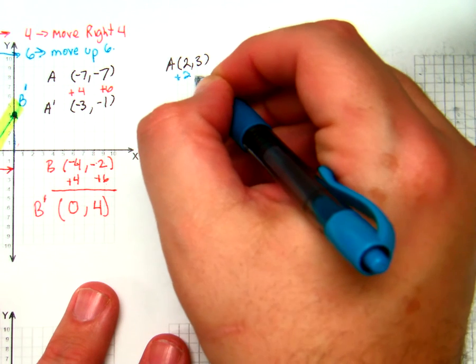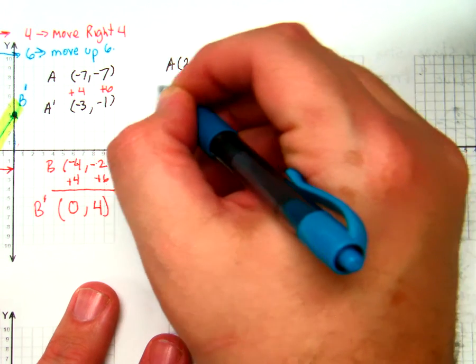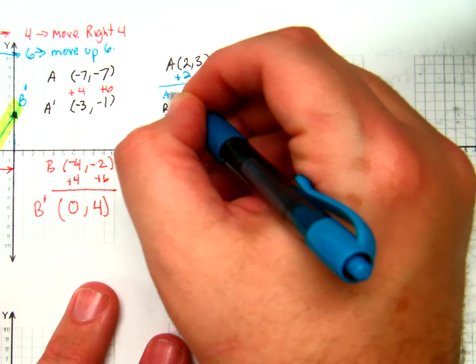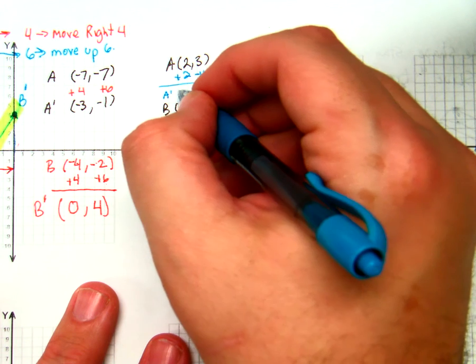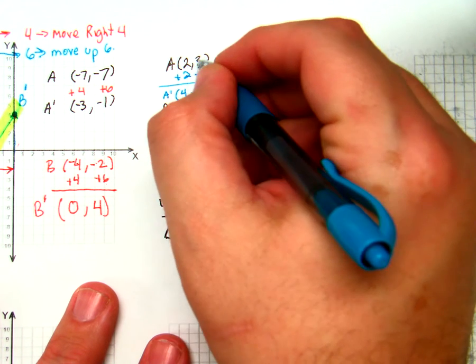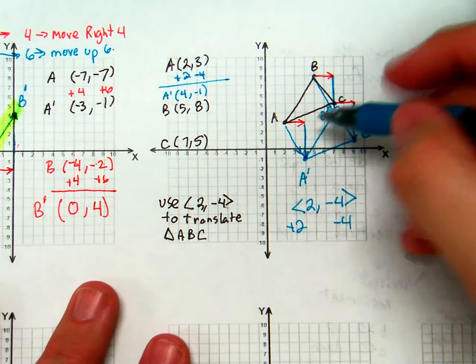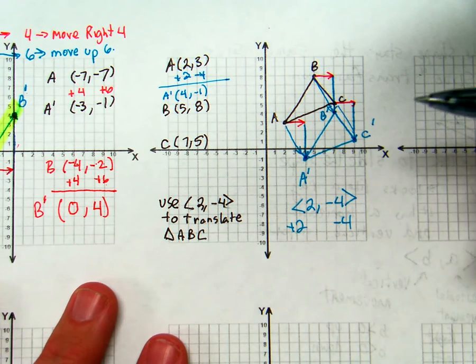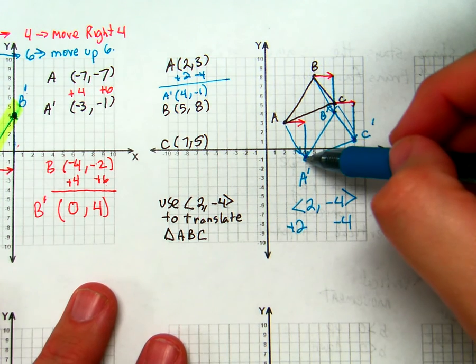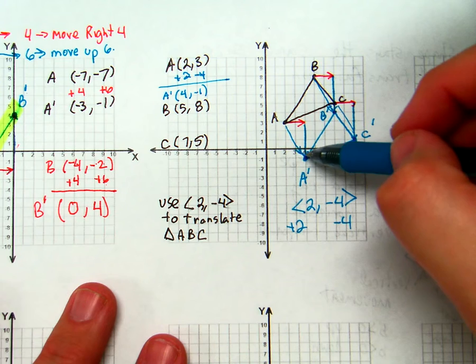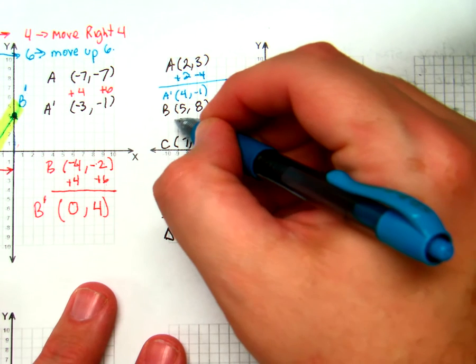What's 2 plus 2? 4. What's 3 minus 4? -1. Is that where we ended up here? Yep. We ended up at 4, -1. Then I do the same thing. Plus 2 minus 4. What's 5 plus 2? 7.